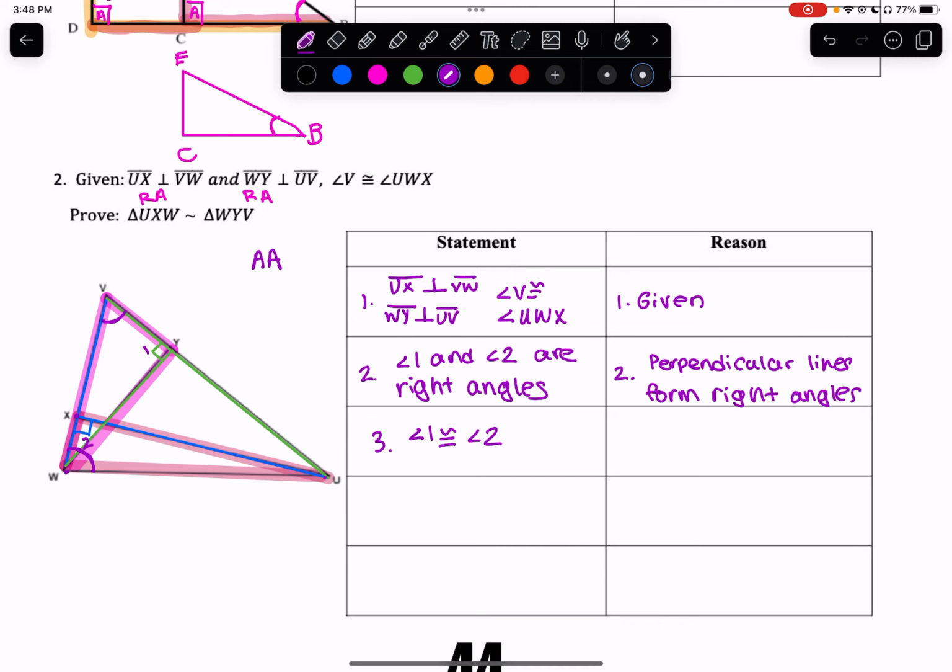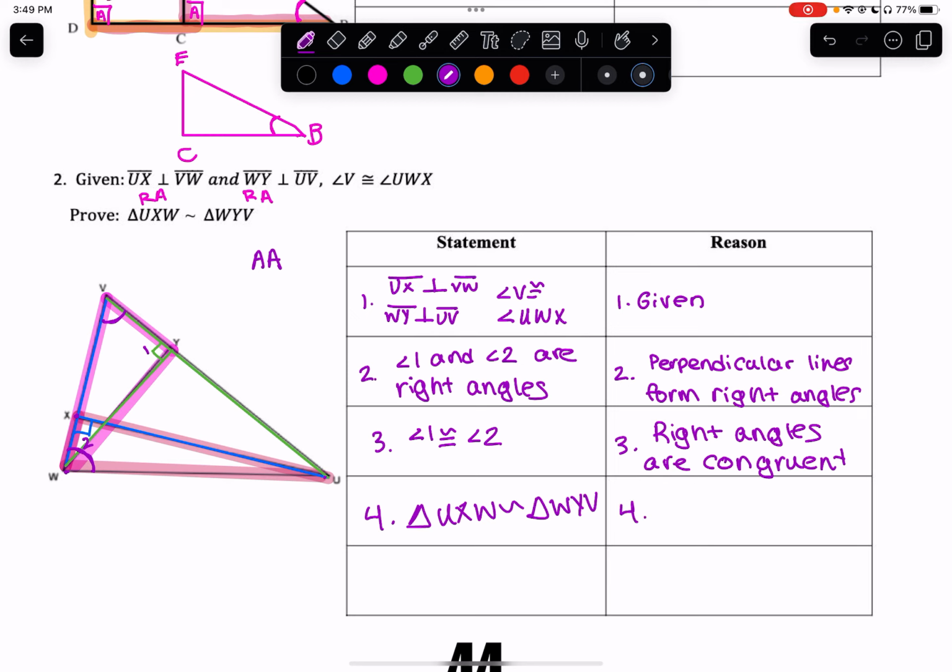And because I now have two right angles, I can say that right angles are congruent. And now that is my second pair of angles because the first one was given to me. So I can state that triangle UXW is similar to triangle WYV. Reason: angle angle is similar to angle angle.